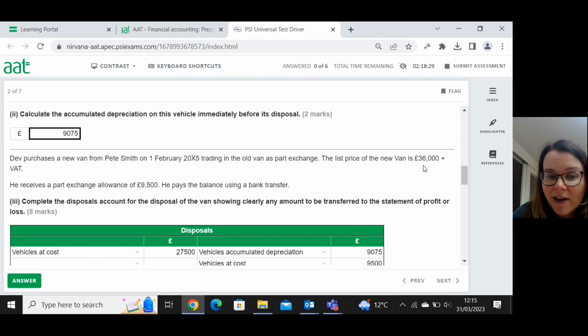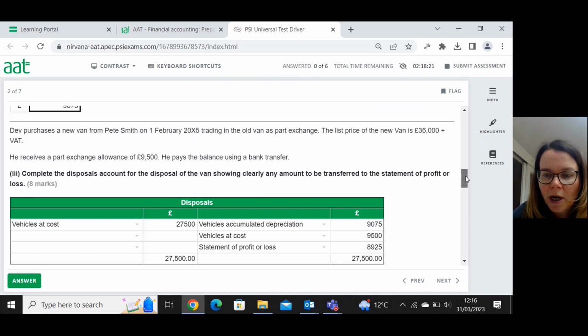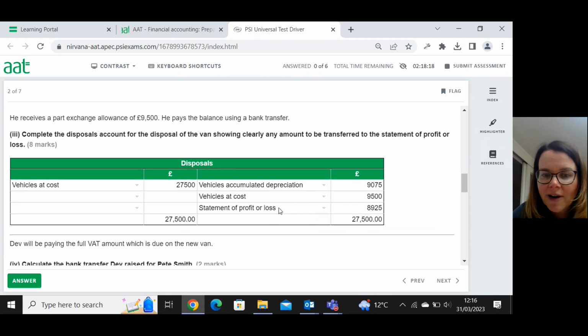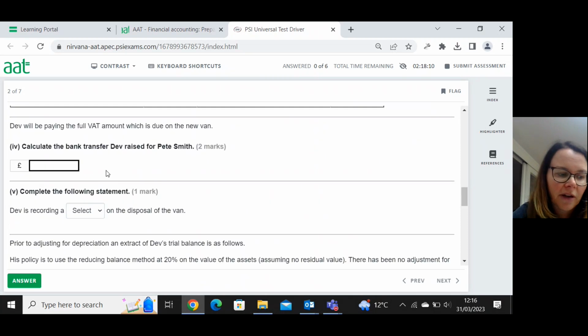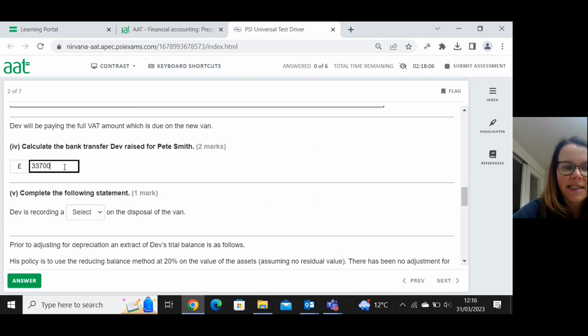He may well be able to reclaim that VAT, but he has to pay it to the person he's buying the van from. So he's going to have to fork out 43,200. He's got a trade-in with 9,500 for his old van. So if I just subtract that 9,500, that gives me an amount to be paid of £33,700.